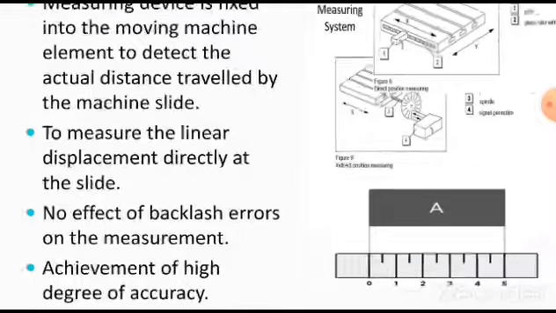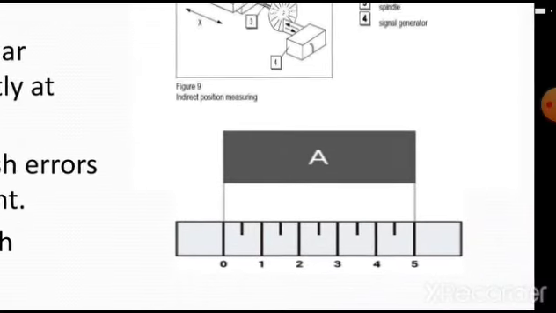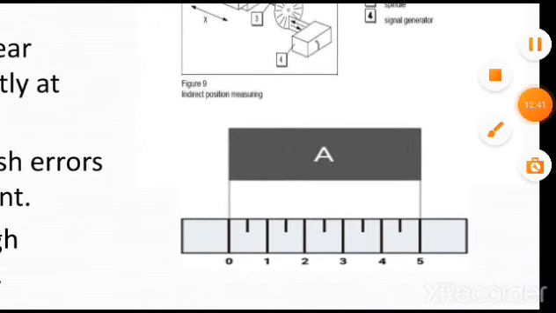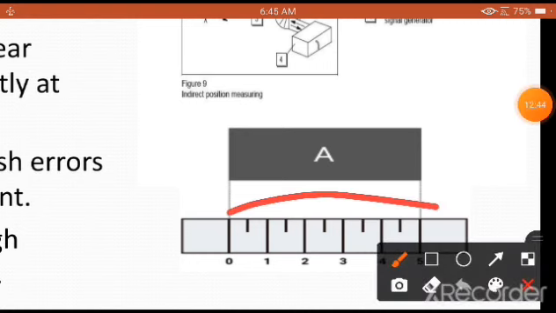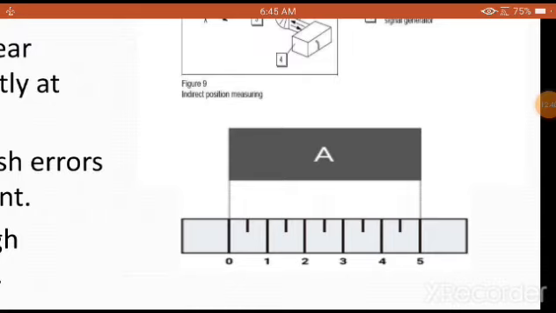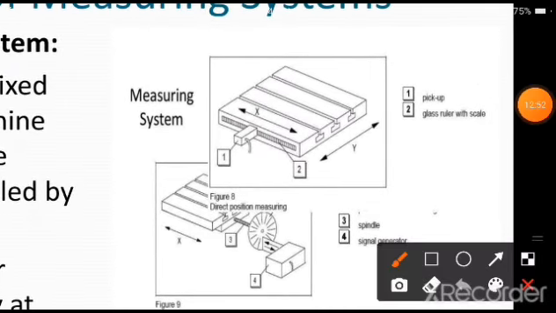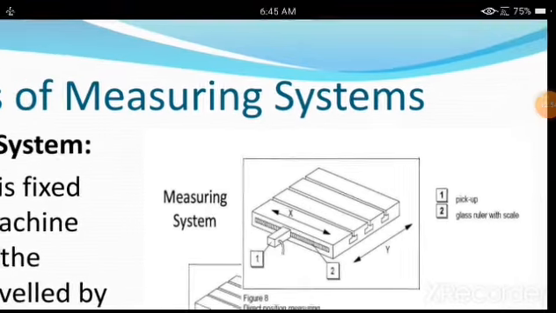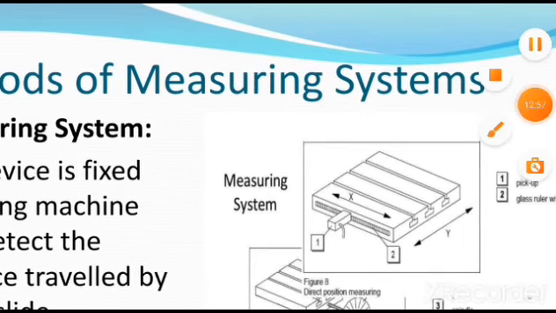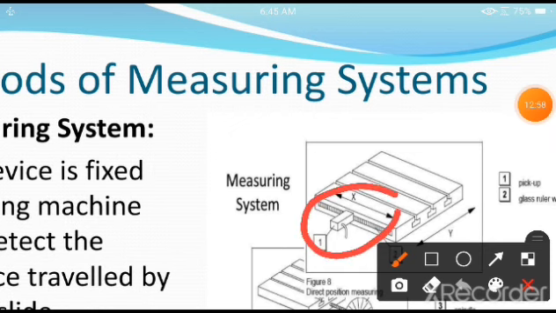The same is already shown here for better understanding of the concepts. This is called a scale, the scale which is marked here, and the same markings have been shown slightly magnified for a better understanding of this concept.